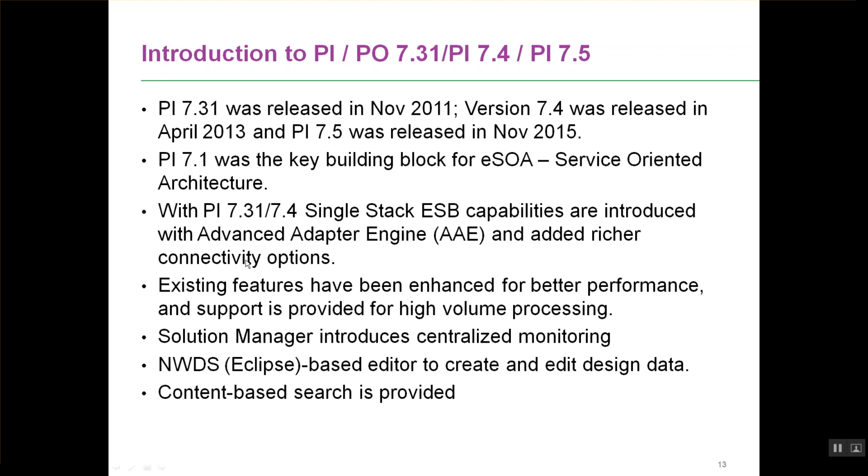So what you need to understand is from PI 7.31, you have two installation options of PI. You can have a dual stack installation, where you have both ABAP and Java combined together, or you can do a single stack installation of PI, which is nothing but a Java only PI, right?